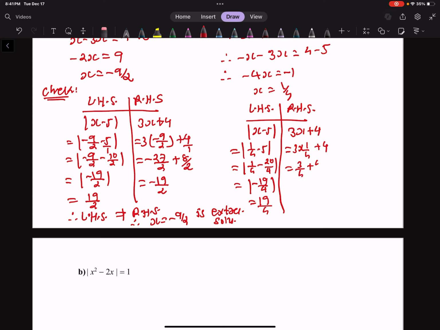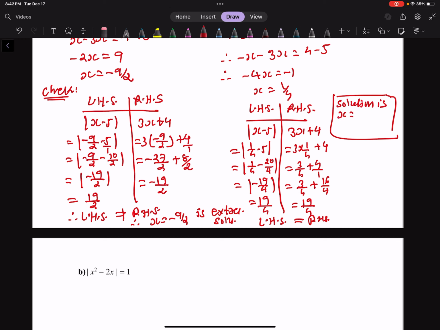So 3 over 4 plus 4, 16 over 4, which is 19 over 4. Both have the same positive value, so the left side equals the right-hand side. So finally, you can write your answer. The solution is x equals 1/4, and x equals negative 9/2 is an extraneous solution.